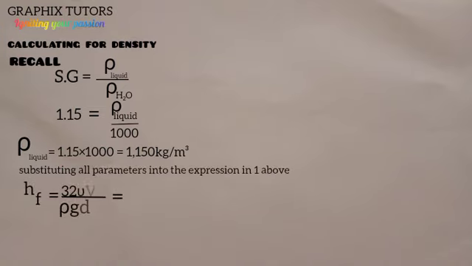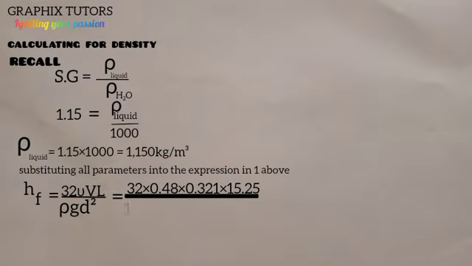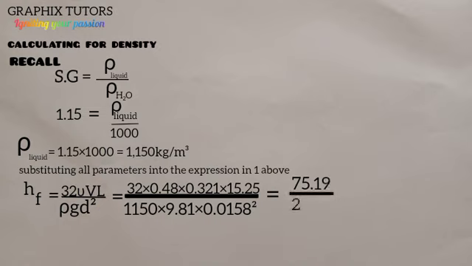Substituting all that into equation 1, the head loss due to friction h_f equals 32 multiplied by the viscosity, 0.48, multiplied by 0.321, the velocity, times the length, 15.25, all divided by the density just calculated, 1150, times gravity, 9.81, the acceleration due to gravity, times the diameter squared, 0.0158 squared. Multiplying the numerator, you have 75.19, divided by the product of all the denominator, which gives us 2.8163.